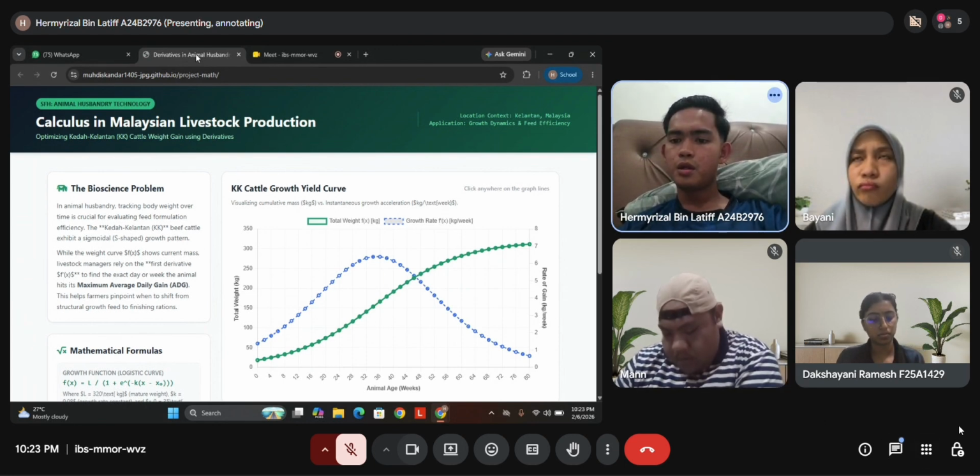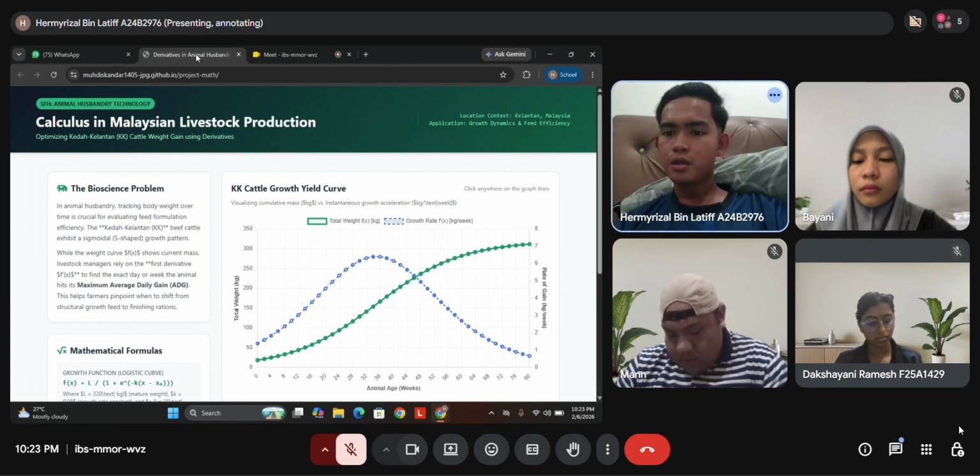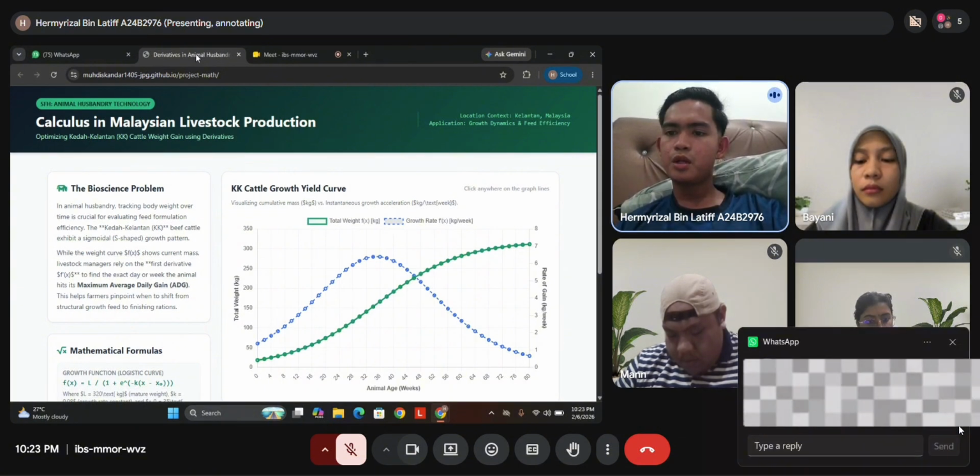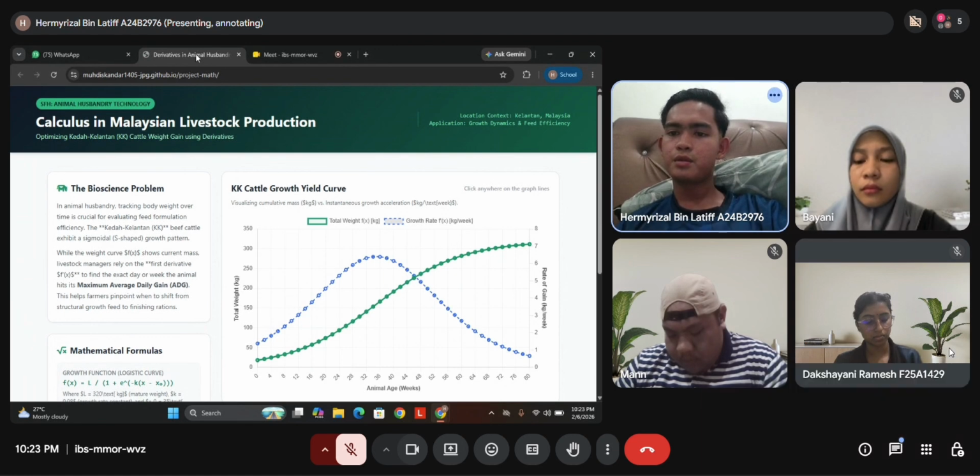The formula is expressed as follows. This calculation yields the instantaneous weight gain rate, measured in kilograms per week.